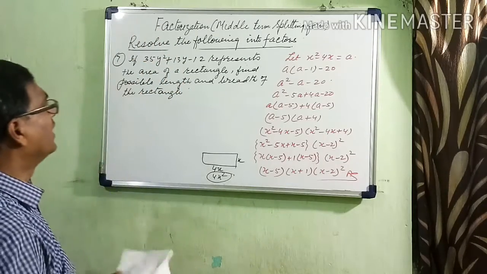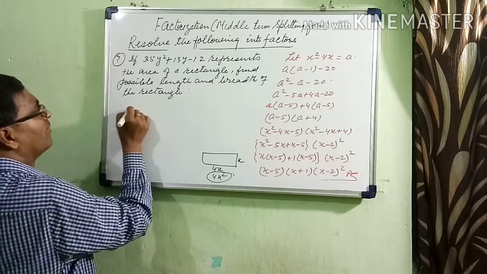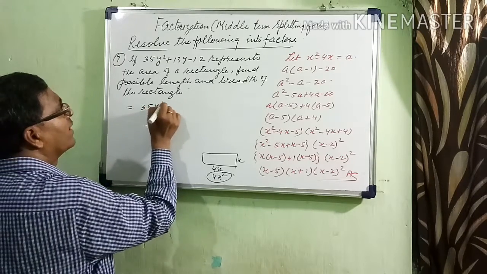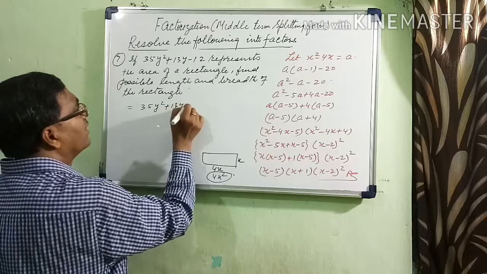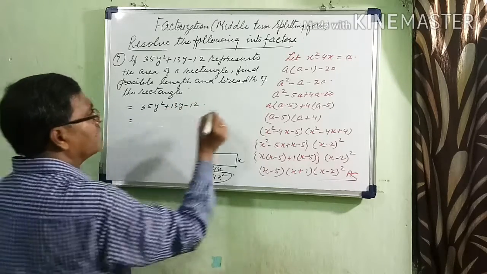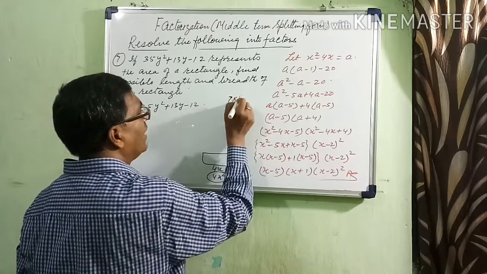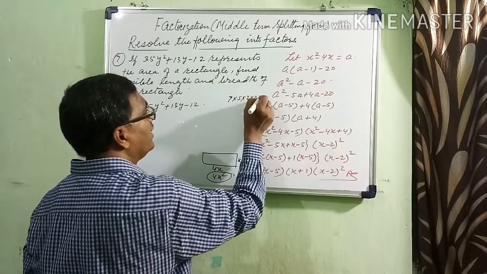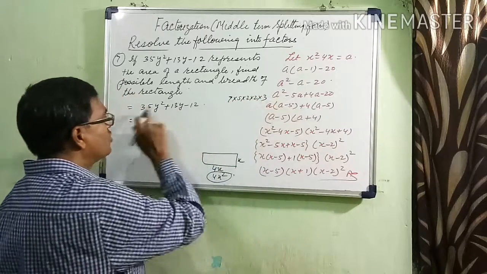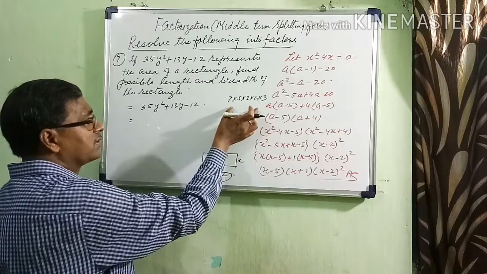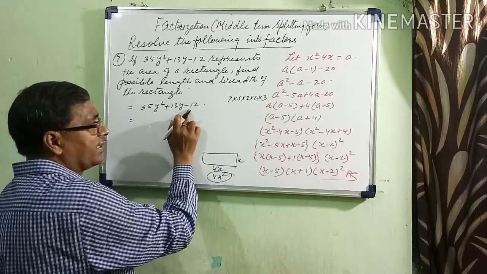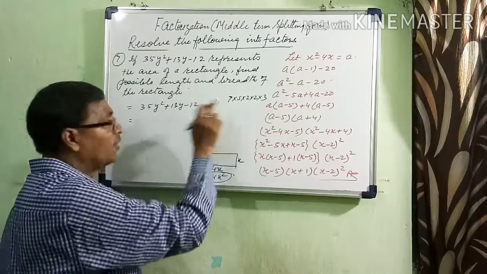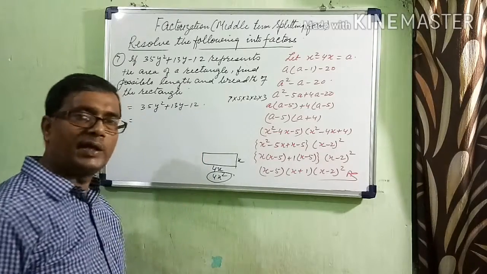So therefore, you have to factorize the same 35y square plus 13y minus 12, and 7 into 5 into 2 into 2 into 3. These are the factors which are to be converted into two parts, and here is positive, here is negative. So bigger part out of which will be positive, the smaller part will be negative.